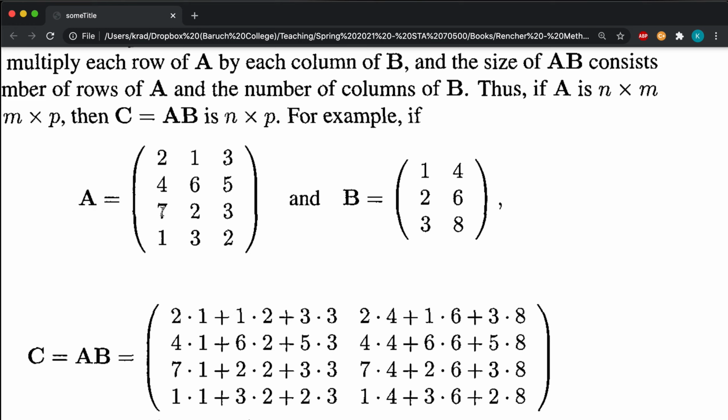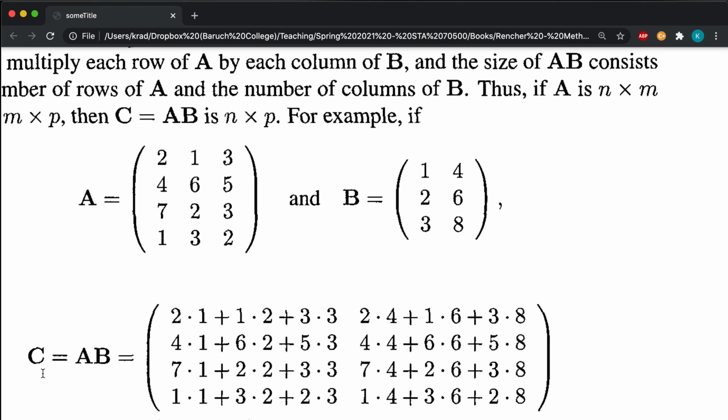Then imagine you want to know the element C12. C12 means first row, second column.